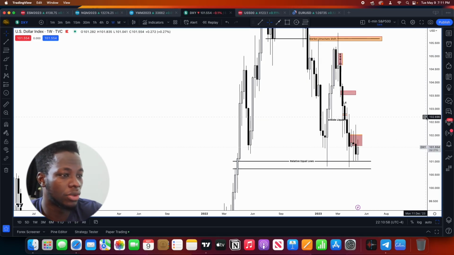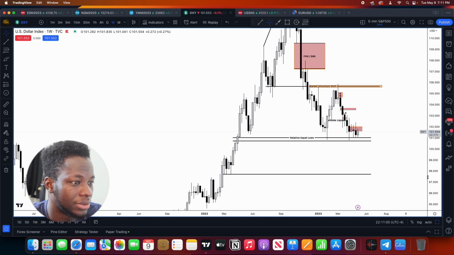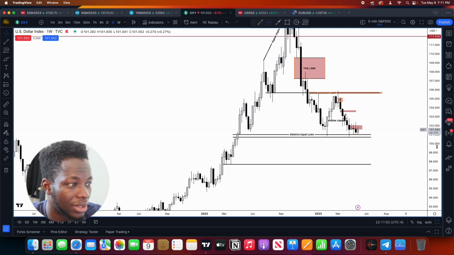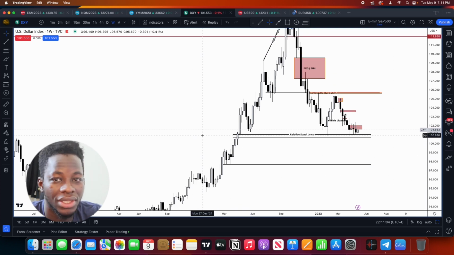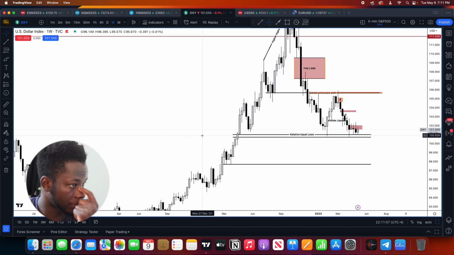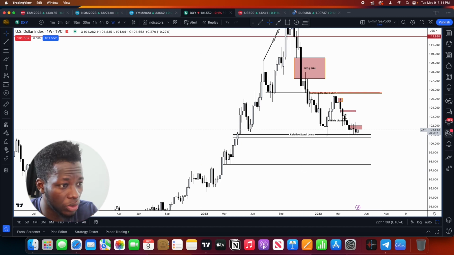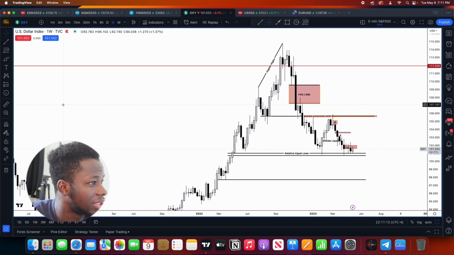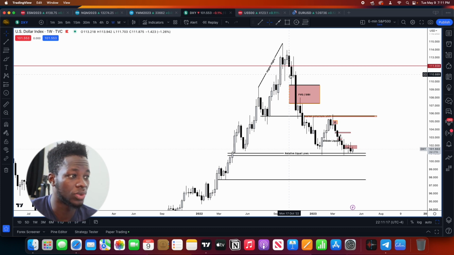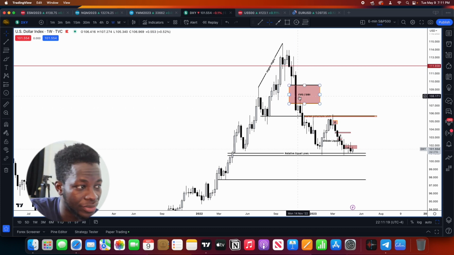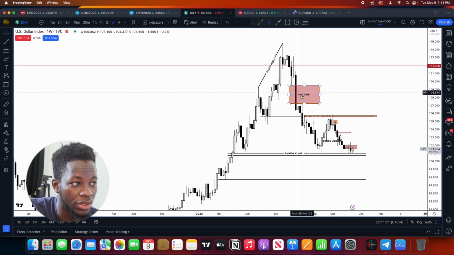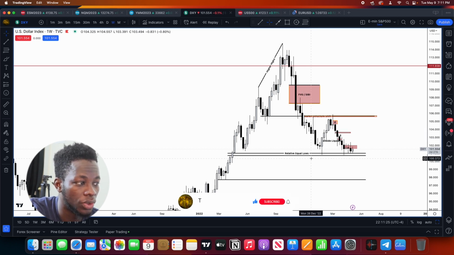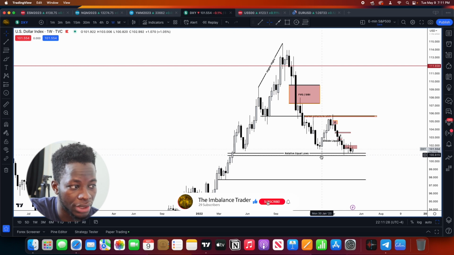Let's get to it. Recently in DXY, it has been a little bit stagnant. It's moving lower, but we have had some stagnation as of recent. Since October 2022, we have had this retracement from the CB, and the aim from that was the fair value gap below the low.